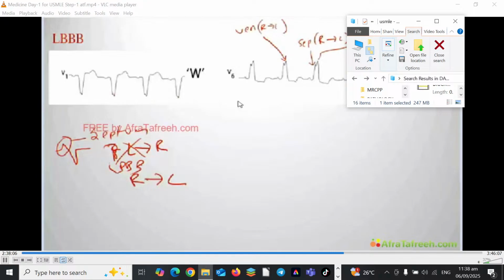Everything is moving from the right side through the muscles into the ventricle, and that's why it is super positive in V6, super negative in V1. Is it clear? Goa. Nehru Nagar.